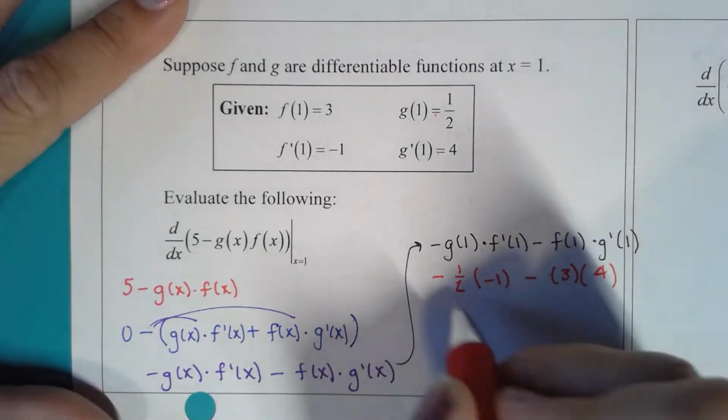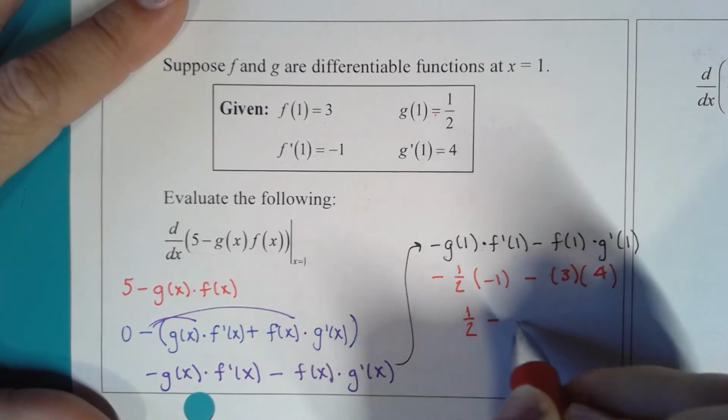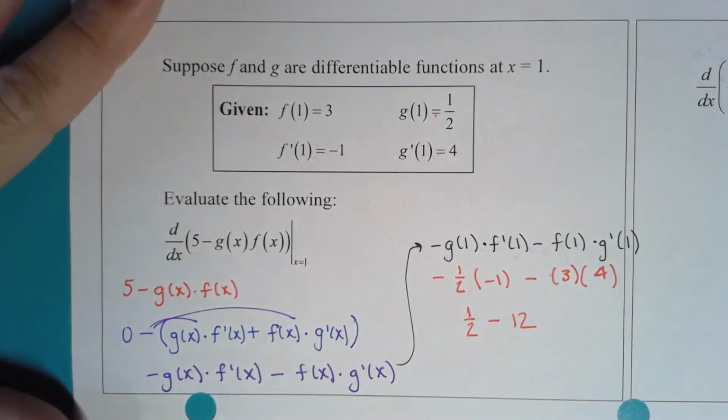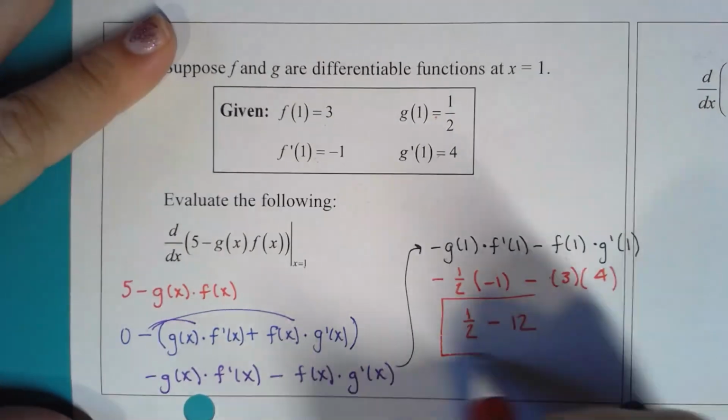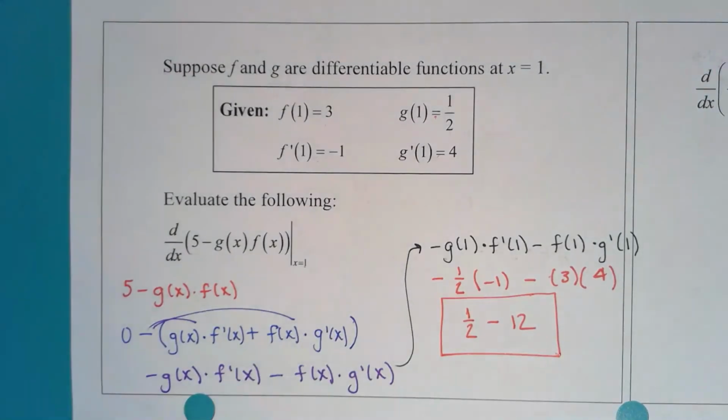Everything's coming out of the chart. So I have a 1/2 minus 12. You can call that negative 11.5. You can call it negative 23 halves, or you could just call it 1/2 minus 12. Numerically, they all mean the same thing. Okay. Good. A little bit different there.